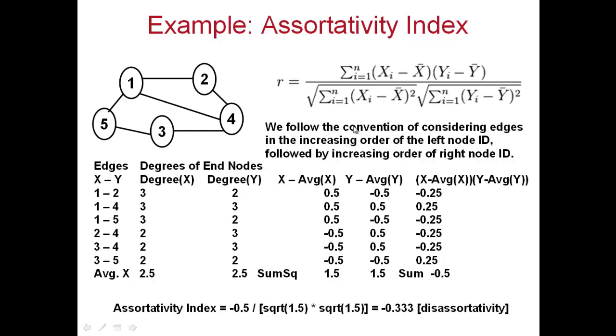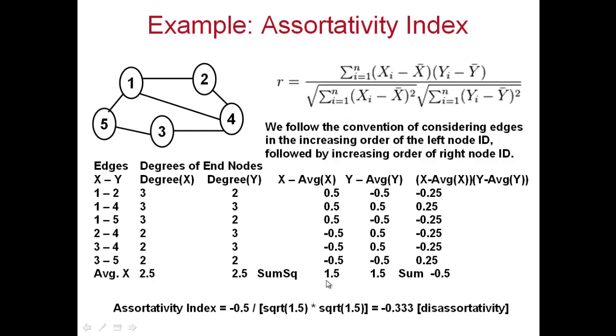So that's why you find the differences, the product of the differences, and you sum them up, and that's the numerator, the sum of the product of the differences. So the sum of all these numbers, you get negative 0.5 in this case, divided by the square root of the sum of the squares.